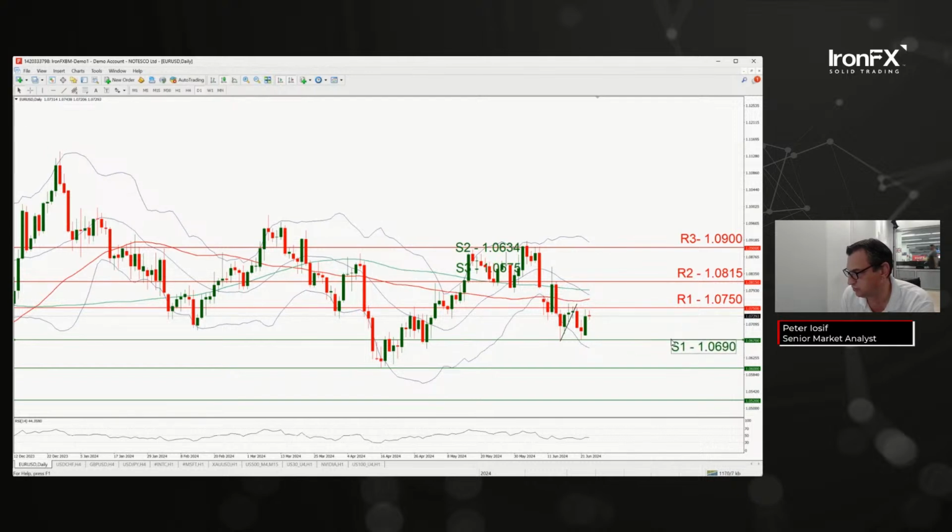The S1 at 1.067, the S2 at 1.06. Actually, the corridors between the resistance support lines could widen a bit. And 0520.